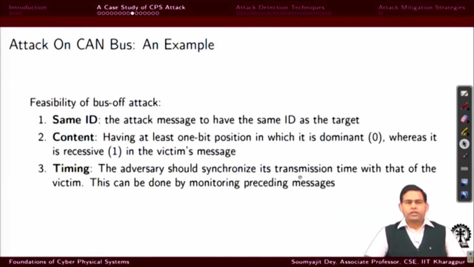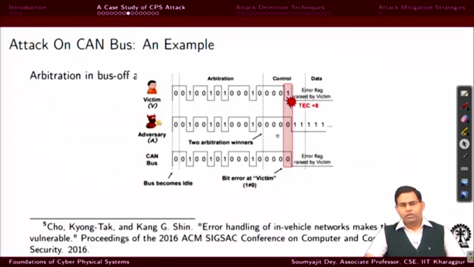So, let us understand the feasibility of this attack. The attack message will have the same ID as the target, and the content of the attack message will have at least one bit position in which it is dominant, whereas the victim's message is recessive. What I am repeating maybe a third time is that this is also an arbitration, but it happens in the place where only the payload was supposed to be.